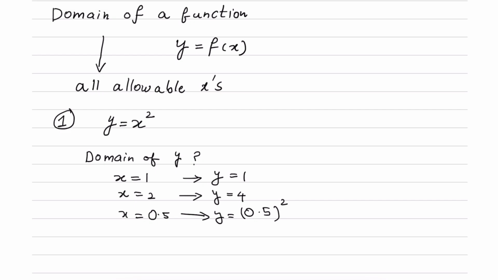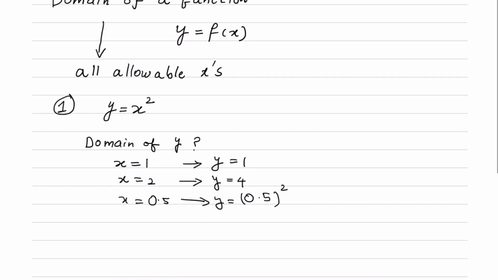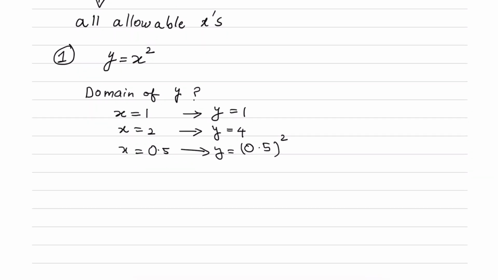For the function y is equal to x square, it would be 1, 2, 0.5. These are all allowable x's because for each of these x's, we are getting a real number, which is 1, 4, 0.25. There should not be any real number which I plug into y equal to x square and don't get a real value as the output.